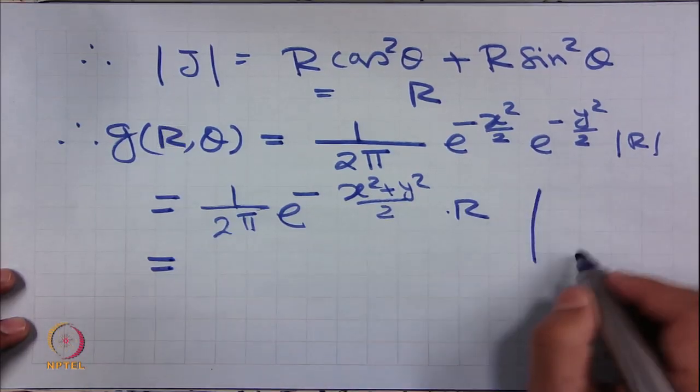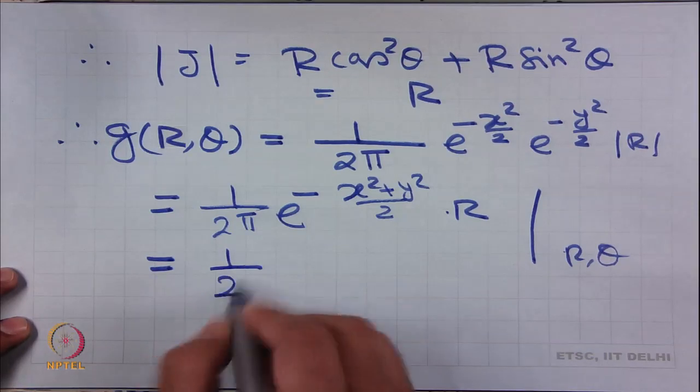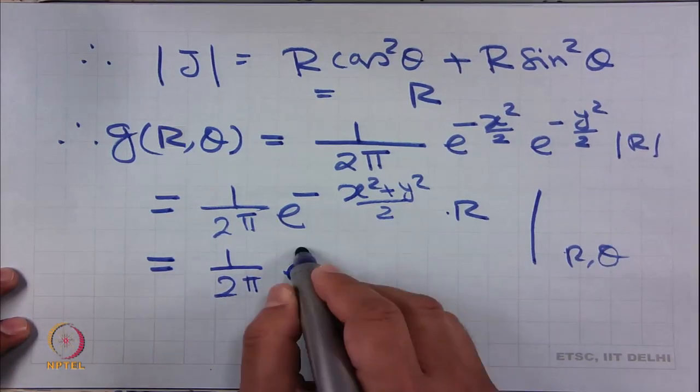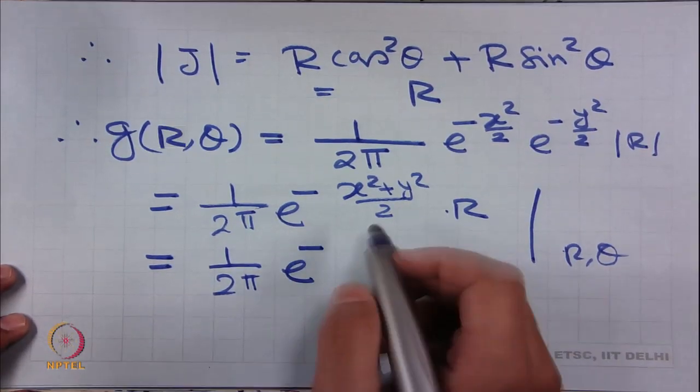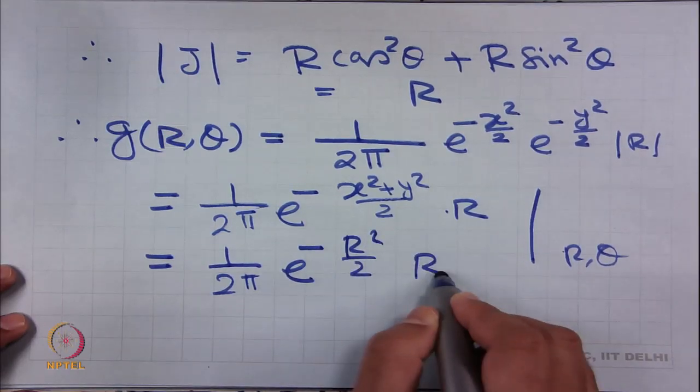Now, this has to be expressed in terms of r, theta. Therefore, this is 1 over 2 pi into e to the power minus r square by 2 into r.